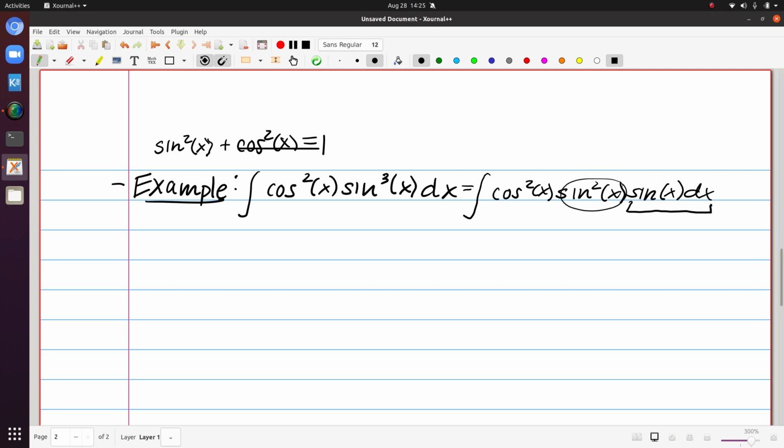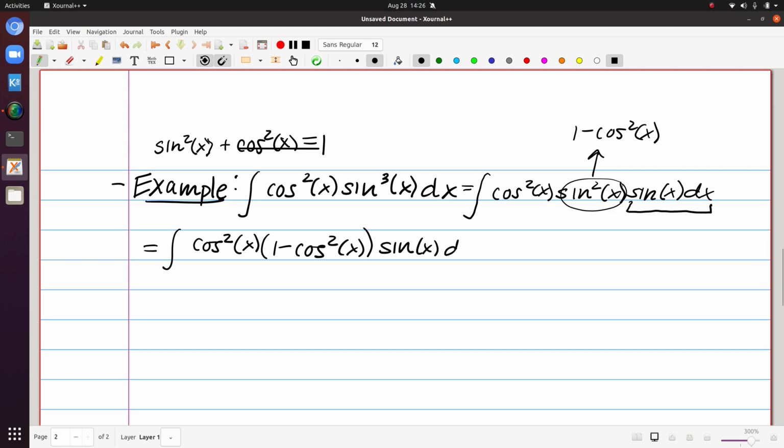So I'm thinking of the fact that sine squared of x is equal from this trig identity to 1 minus cosine squared of x. So this integral is cosine squared of x now times 1 minus cosine squared of x times sine of x dx. At this stage, I have not used U-substitution. I'm simply rewriting the integrand. But now I can let u equal cosine of x.